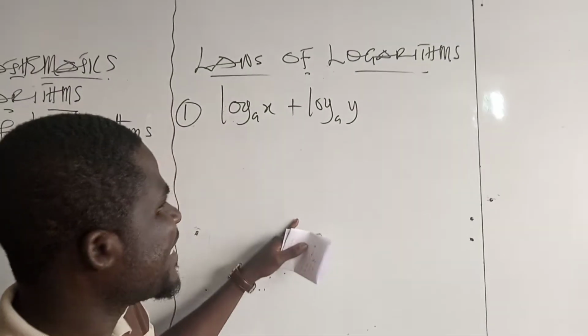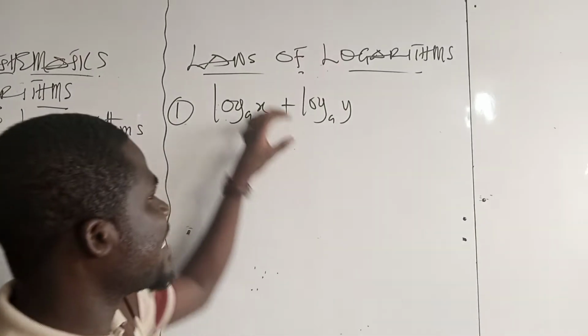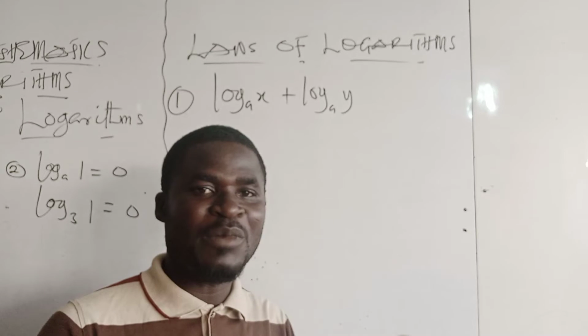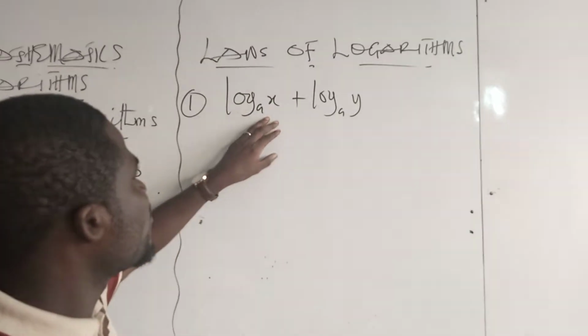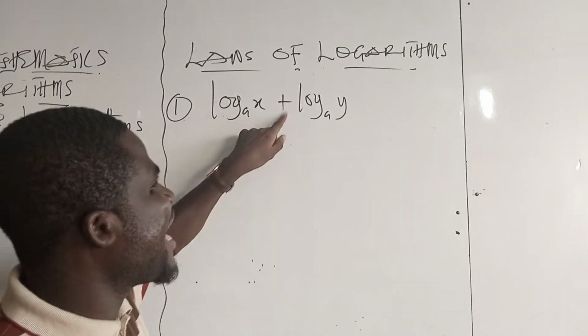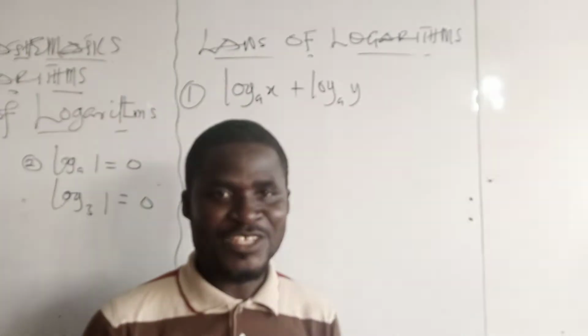These laws are the same as the laws of indices. The laws of indices say that whenever the bases are the same and they are multiplied, you add the powers. But with this one, whenever they have the same log base and they are adding, we multiply the numbers. So, this is the first law.